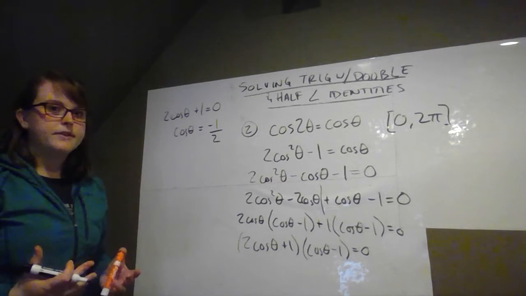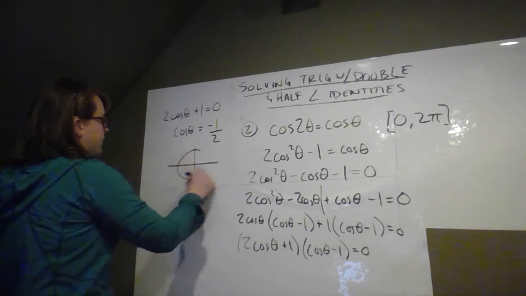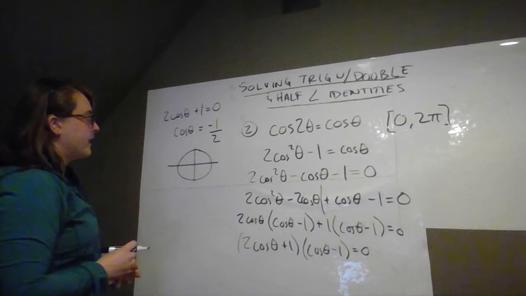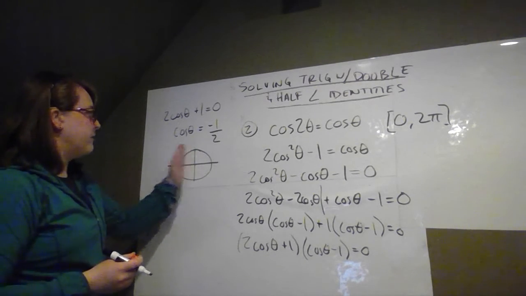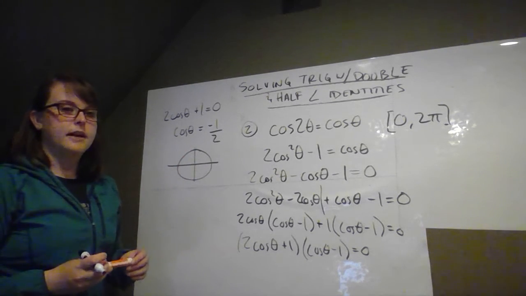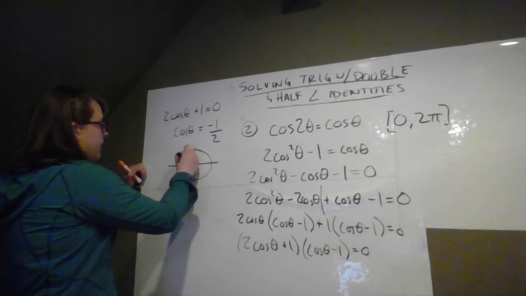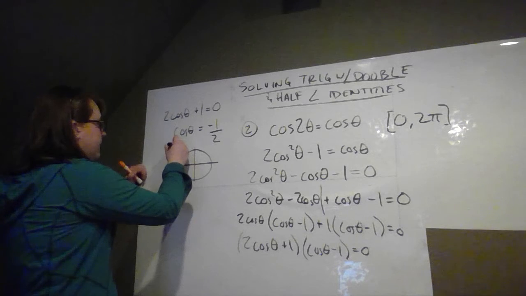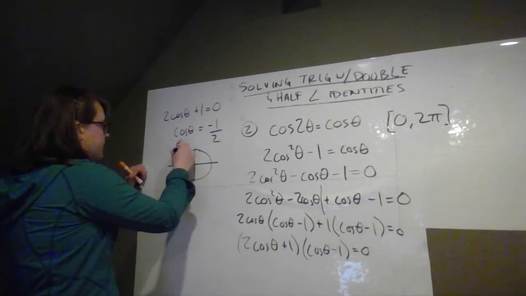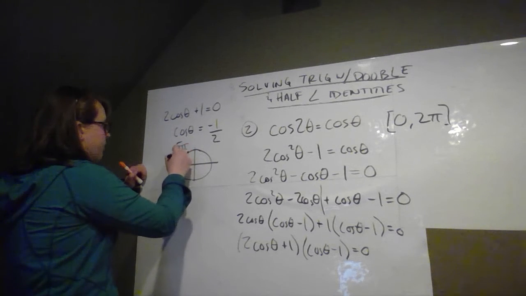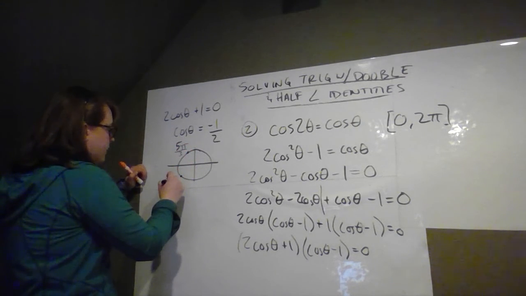Then we just have to know our unit circle. So going back to the unit circle here, we want places where cosine is negative 1/2. For cosine to be negative, we're only looking at values on the left-hand side of the unit circle. So that narrows it down quite a bit. And then when cosine is negative 1/2, it's going to be the pi's over 3.